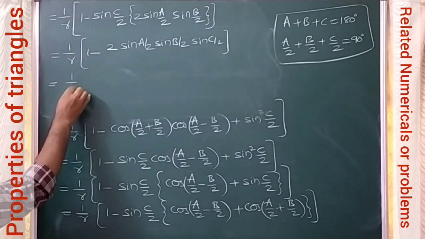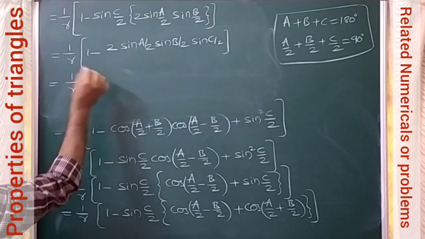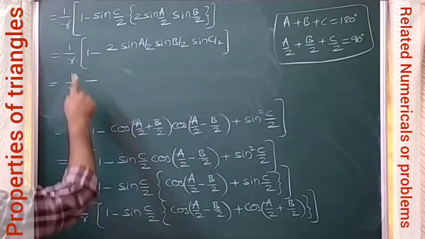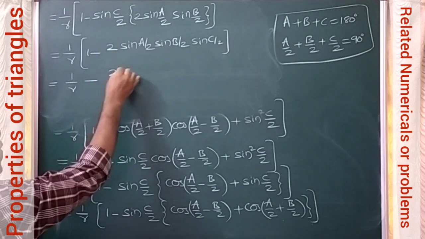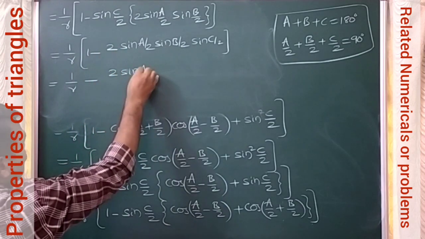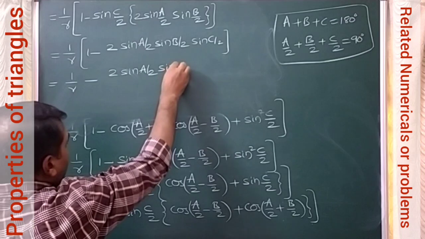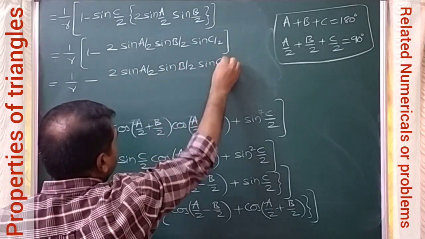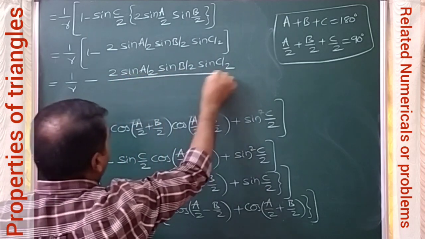So 1 by r into 1 minus 1 by r multiplied with this part, 2 sin A/2 sin B/2 sin C/2 by r.